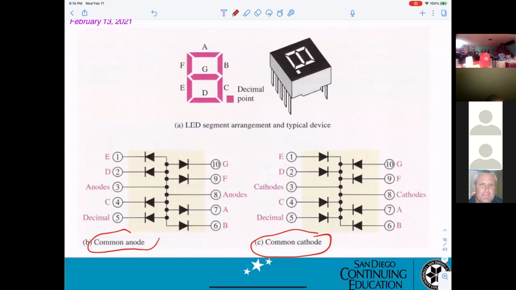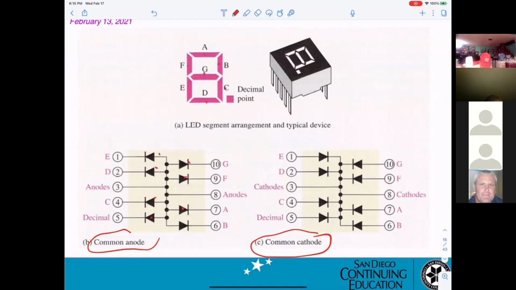If you look at the diodes inside, you can see 1, 2, 3, 4, 5, 6, 7.